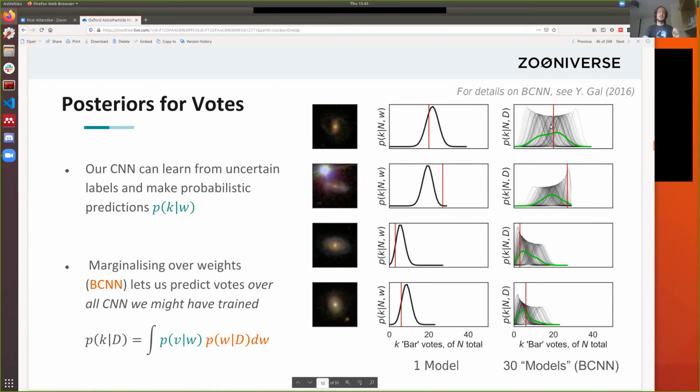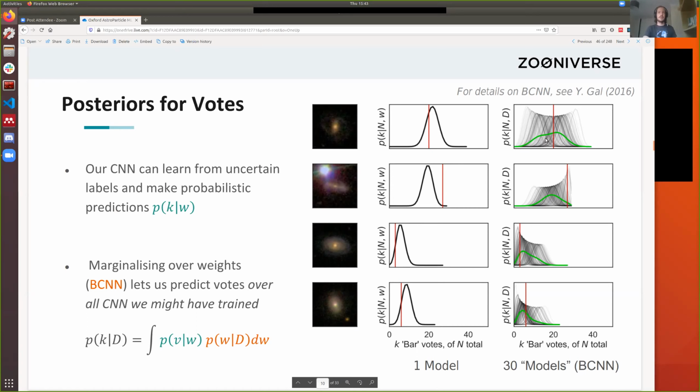It approximates training on an ensemble of different models, is one way of looking at it. So while we can't actually train an ensemble of many models, using dropout, we can approximate that effect. We'll end up with many different predictions for our posteriors. Those are these gray traces.